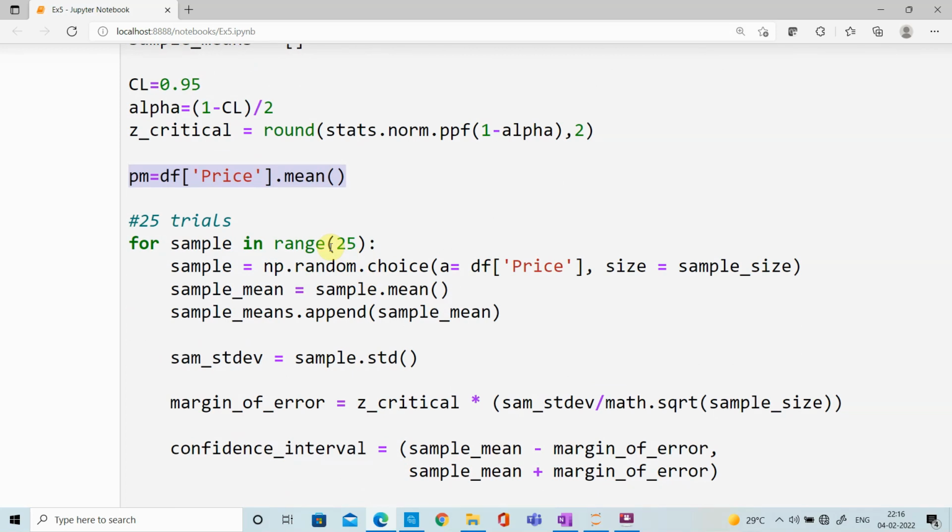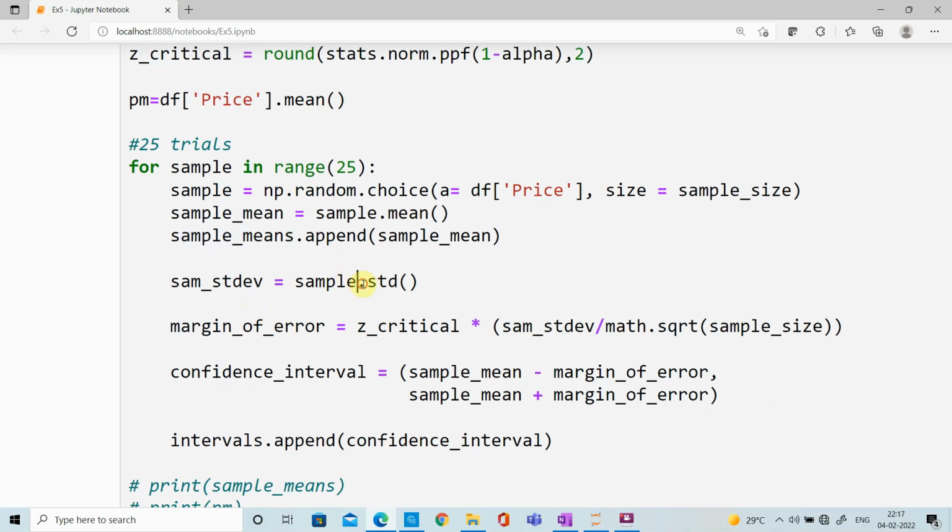In every iteration, we randomly pick 500 samples from the population of 1436. So we got a sample and we calculated the sample mean. That is for the first iteration, and you store it in the array, because 25 times we are going to calculate the sample mean. Every time you calculate, it is appended to your sample means array.